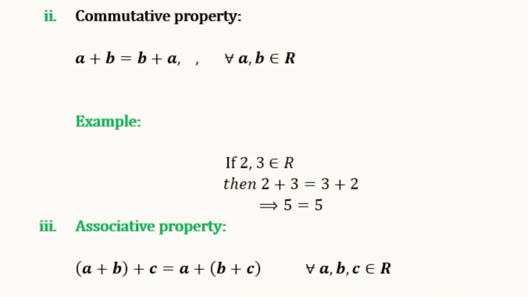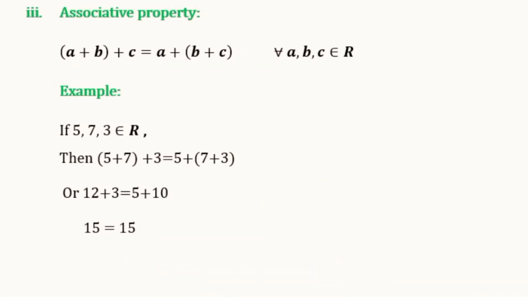Look at an example. We have 5, 7 and 3, any three real numbers. Then look at screen. We get (5 plus 7) plus 3 equal to 5 plus (7 plus 3). If we solve them, we get 15 equal to 15.